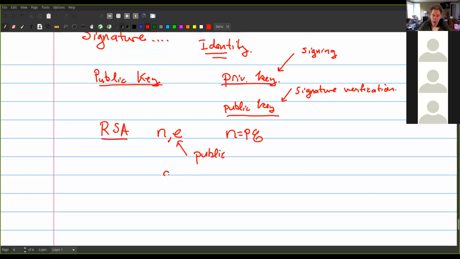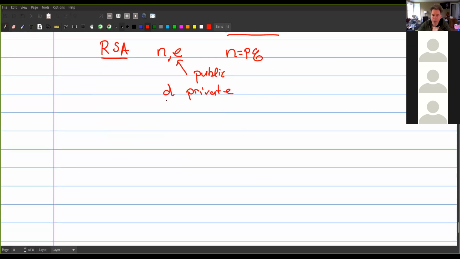And there's also some private key d, which only you know in this situation. So suppose we want to sign x. Then you just do x to the d as your signature. So s equals x to the d mod n.